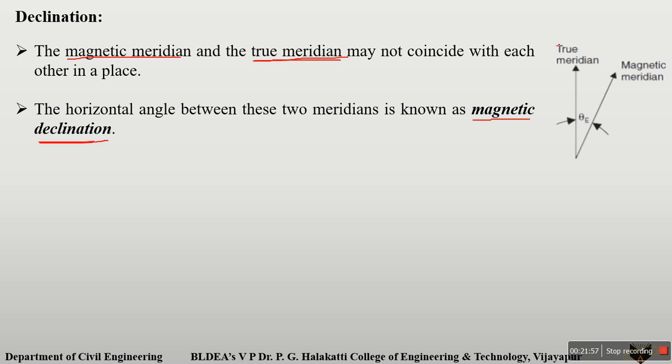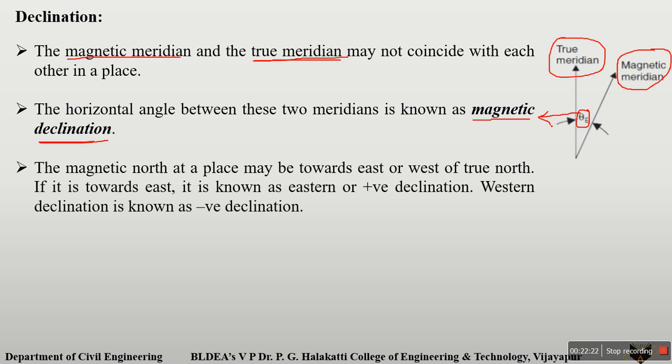Just observe here, this is our true meridian and this one is magnetic meridian. These are the two reference directions. The angle between these two lines, whatever the value is there, this value is called our magnetic declination. It can also be called simply declination.